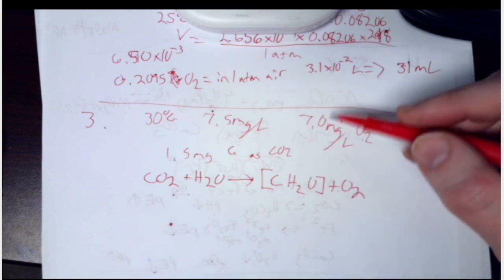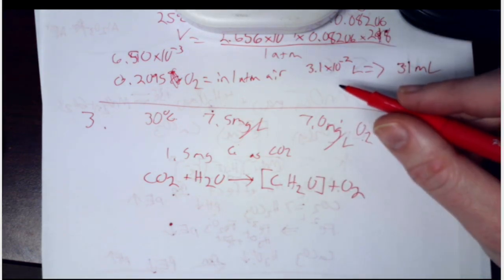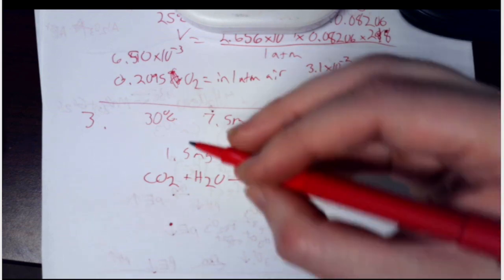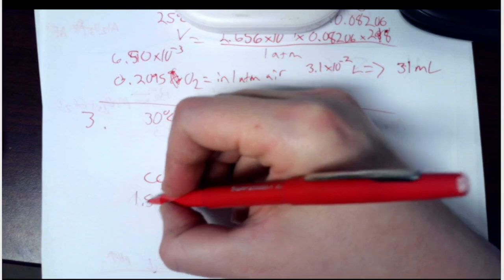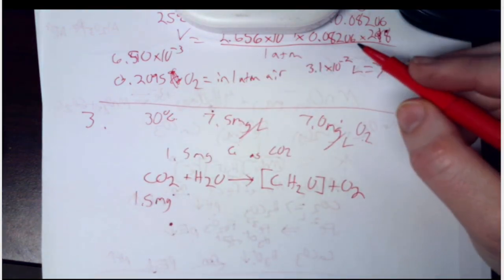That's the generic reaction we're going to use. So how much oxygen would 1.5 milligrams of carbon produce?